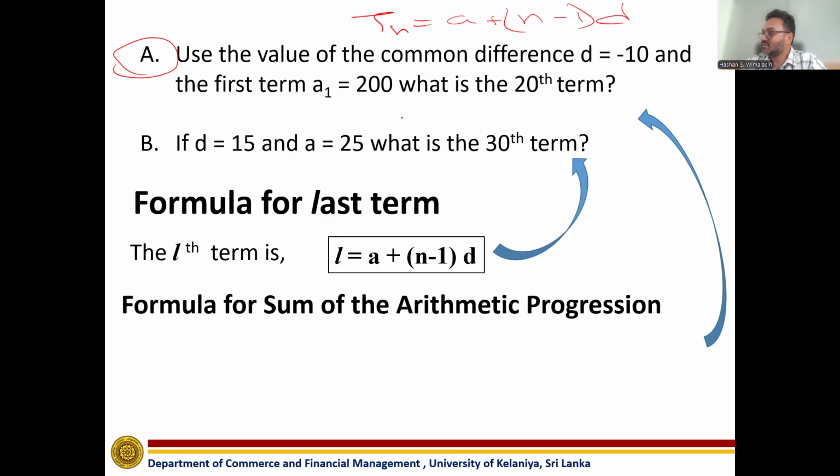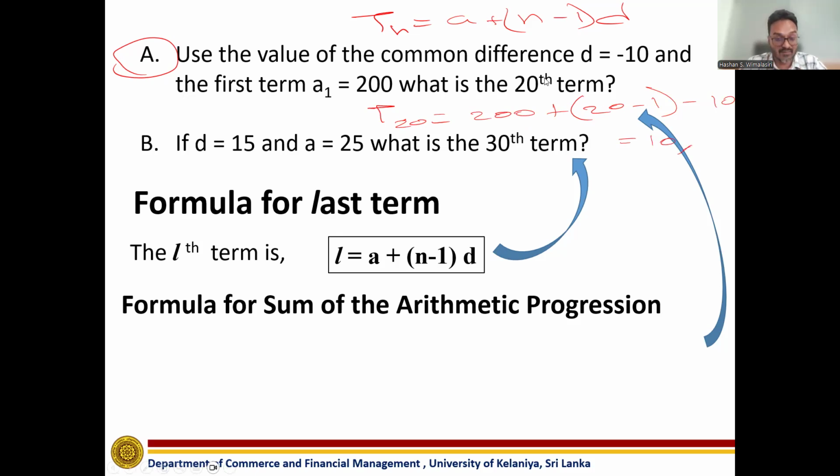We can substitute the values. So T20 is asking, the first term is 200, and n minus 1 is 20 minus 1, multiplied by d which is minus 10. So the answer may be 10, right?